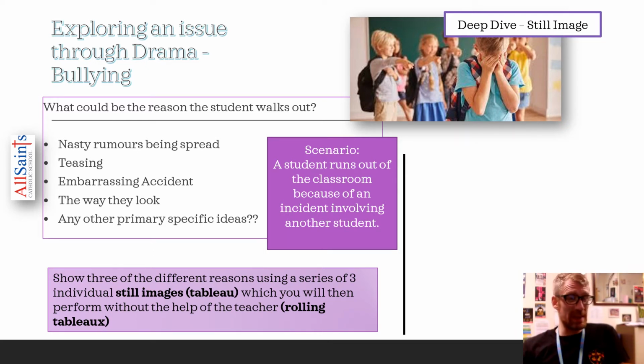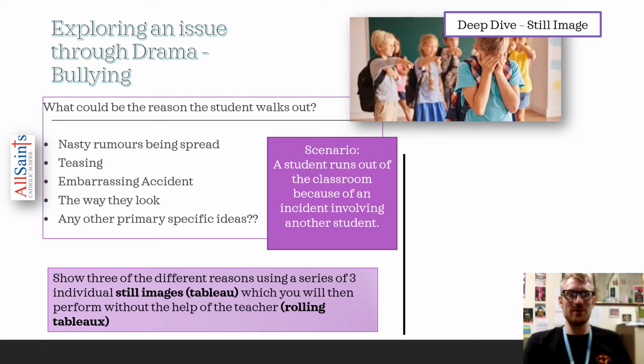The posh drama keyword we use at Key Stage 3 and 4 for still image is tableau. And when you have a number of images that move one after the other, we call that a rolling tableau with an X on the end.